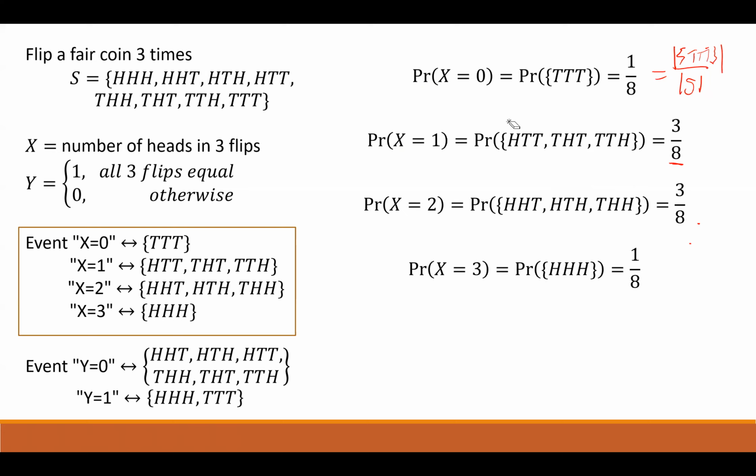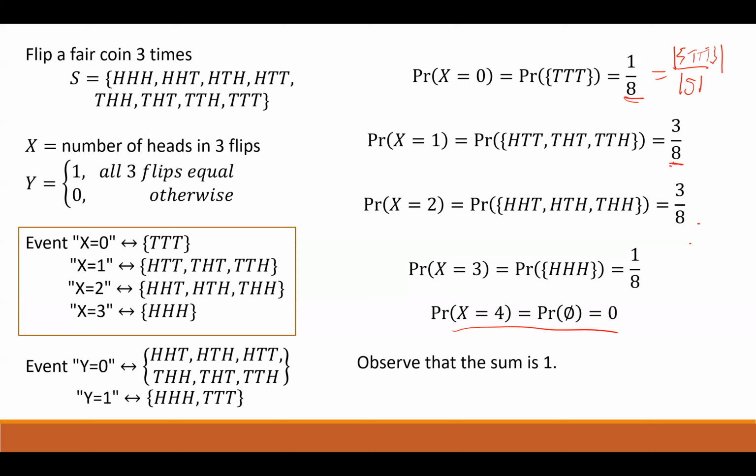And so we have probabilities for every non-empty event on the random variable X. Every other event defined on X is empty, with probability 0. If we sum up all of these probabilities of non-empty events, they sum up to 1, right? So the values of my random variable should span the entire sample space.